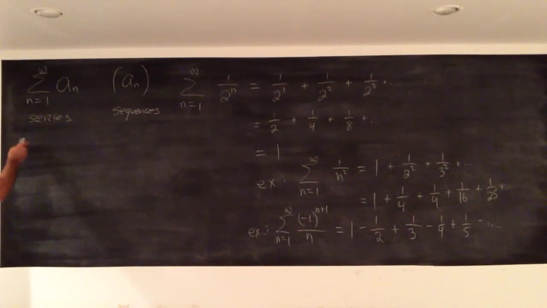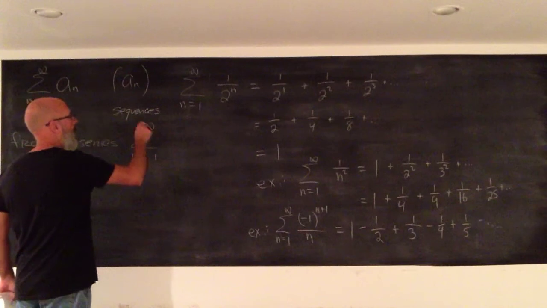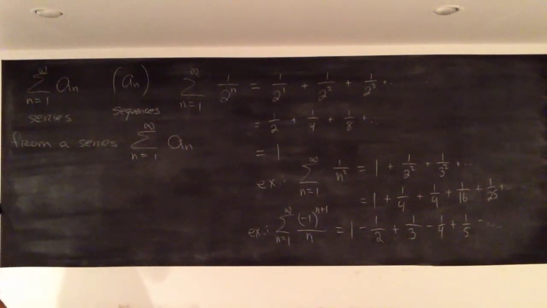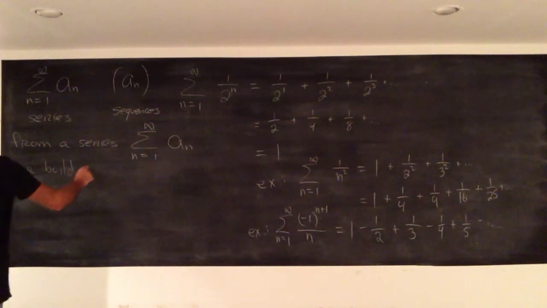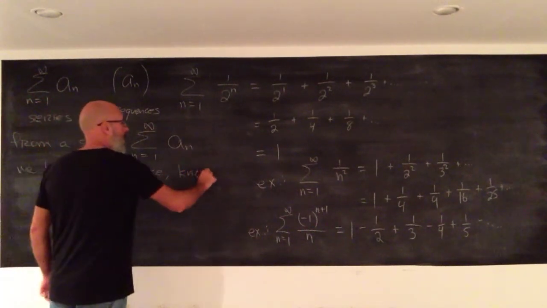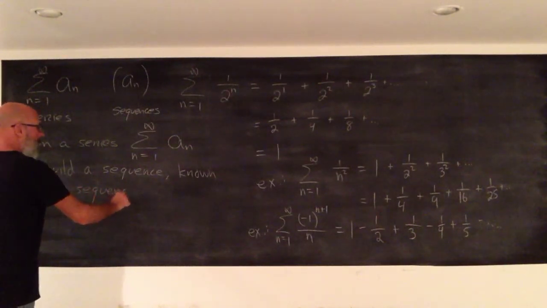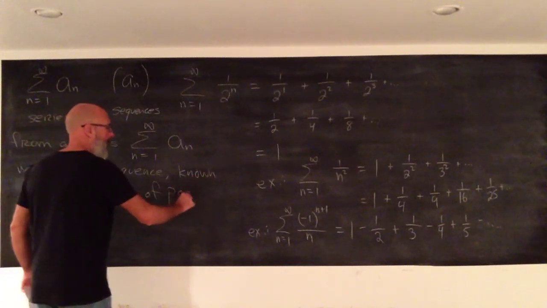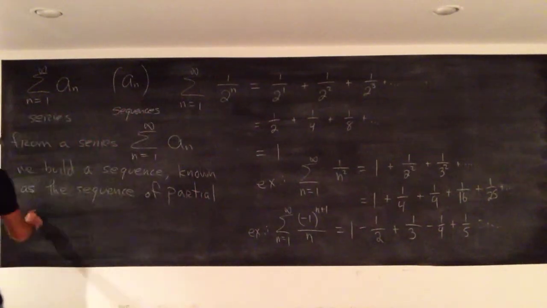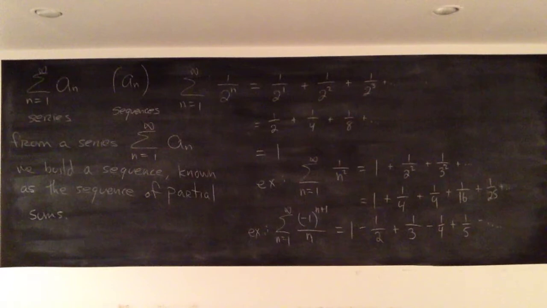So from a series, AN, we build a sequence known as the sequence of partial sums. And let's illustrate how that's done.